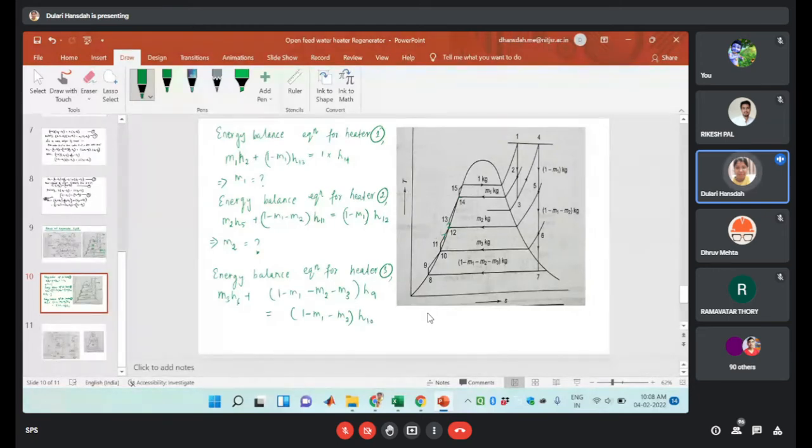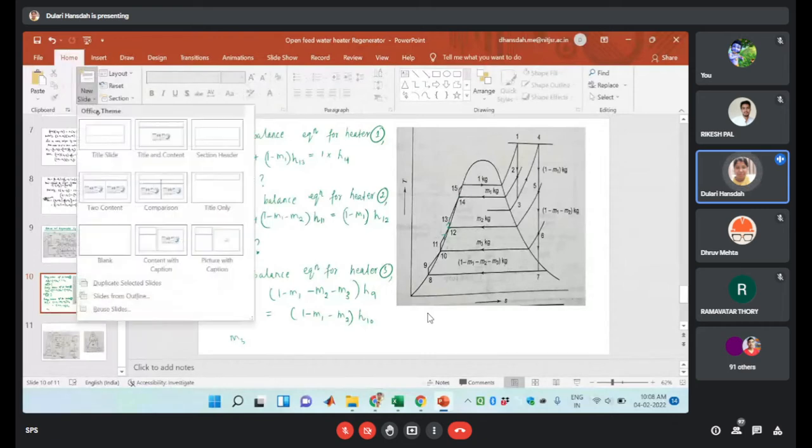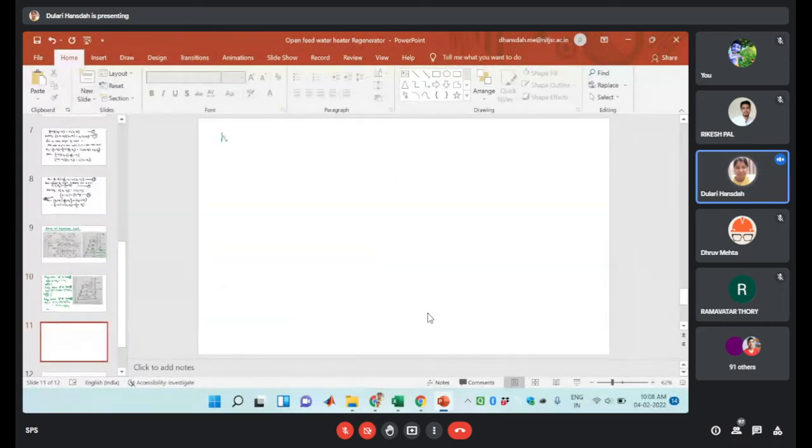So from this equation or relation, we can evaluate M1, M2, and M3. Similarly, we can write our turbine work output. So turbine work output will be how much?